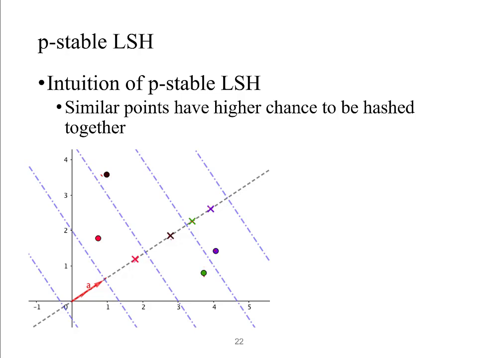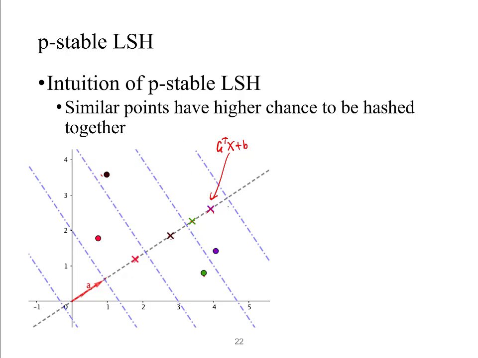These 4 points we call the projection, or it's actually A transpose X plus B, divided by W. Yeah, just this part.